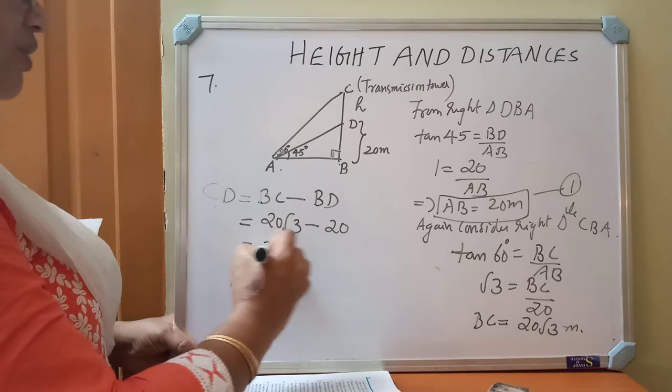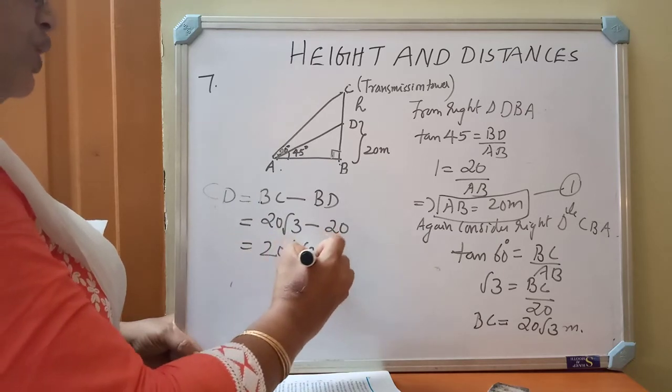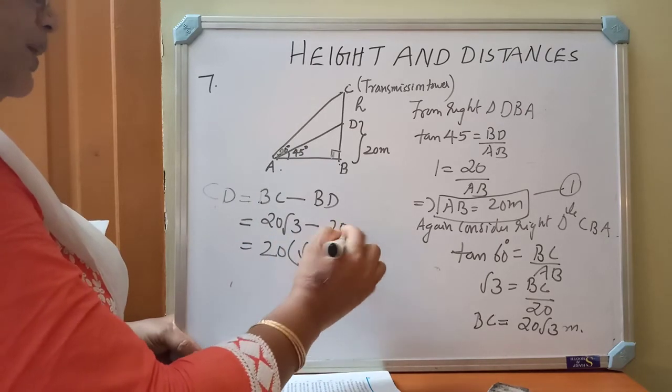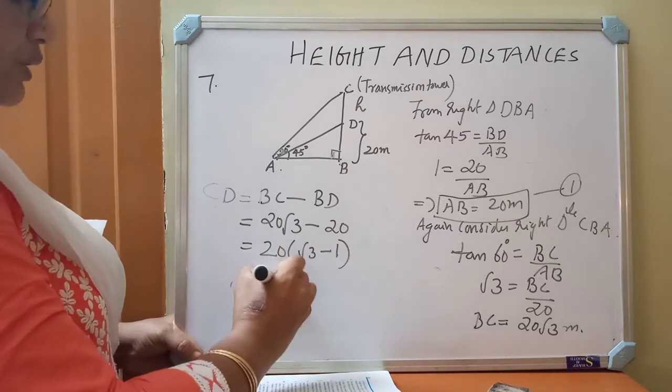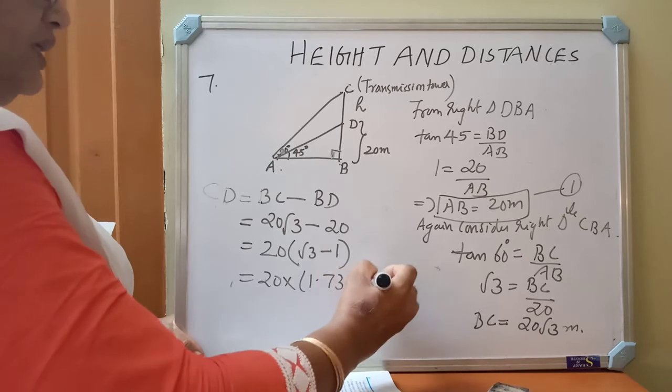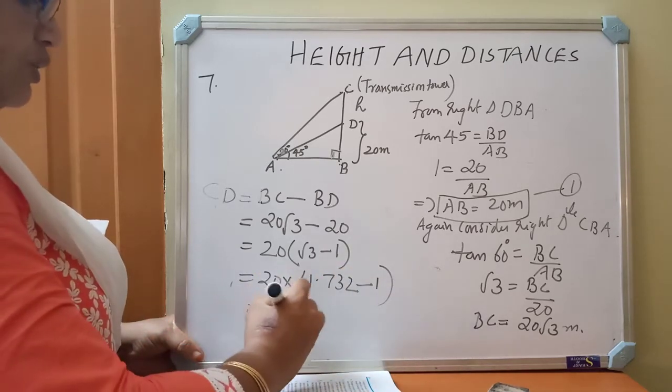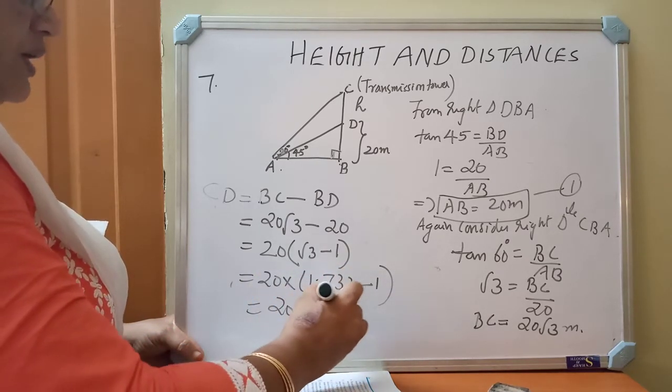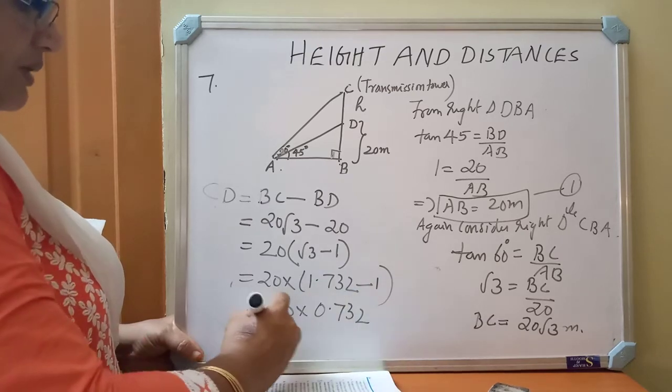So 20 is a common factor: 20 into root 3 minus 1. 20 into root 3 is 1.732, minus 1. That is 20 into 0.732. That will be our final answer.